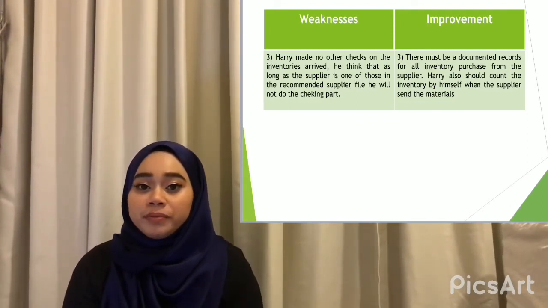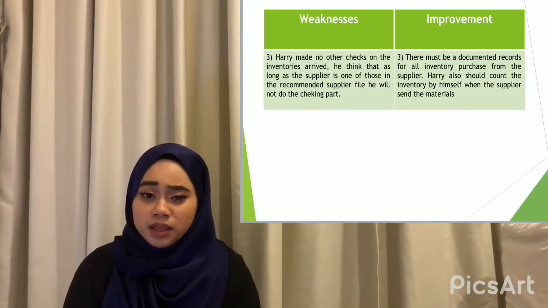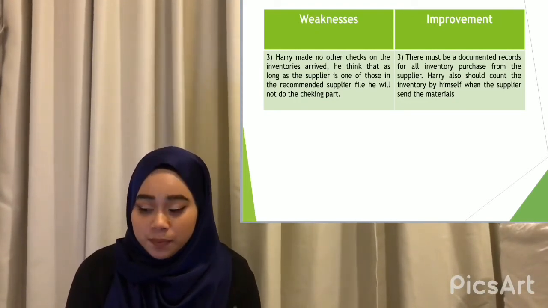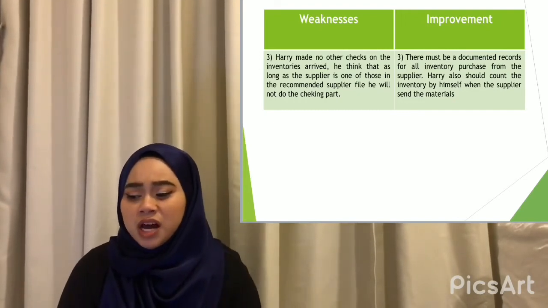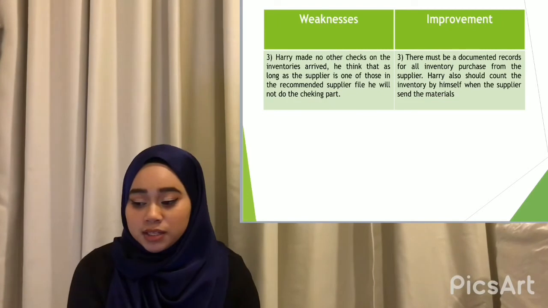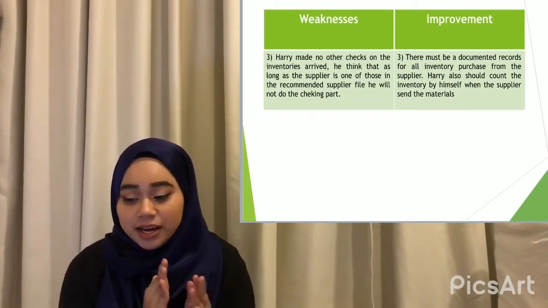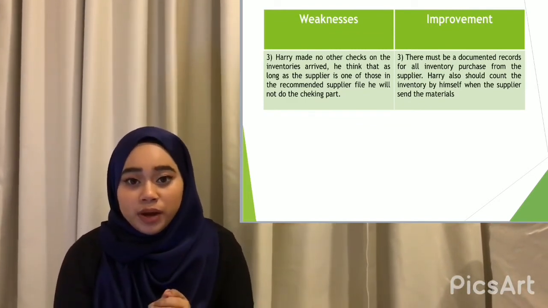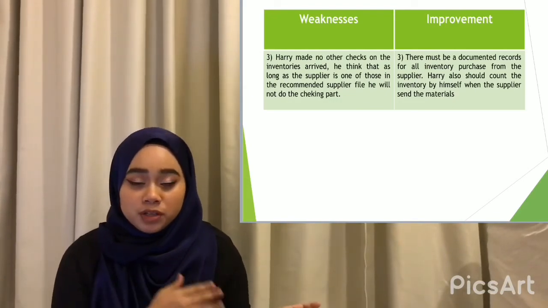So the improvement that the company should do is there must be documented records for all inventory purchases from the supplier. Harry also should count the inventory by himself when the supplier sends the materials, so that he should check the items for the quality, whether the material can be used for the production process or not.